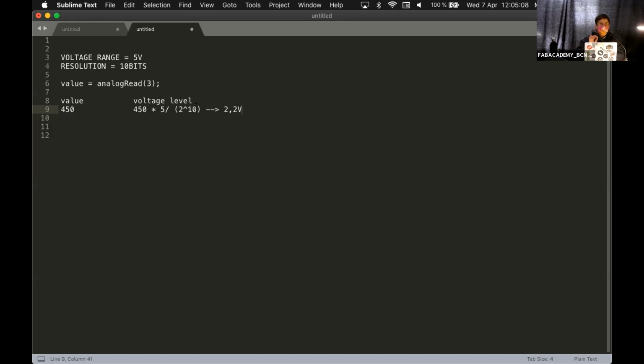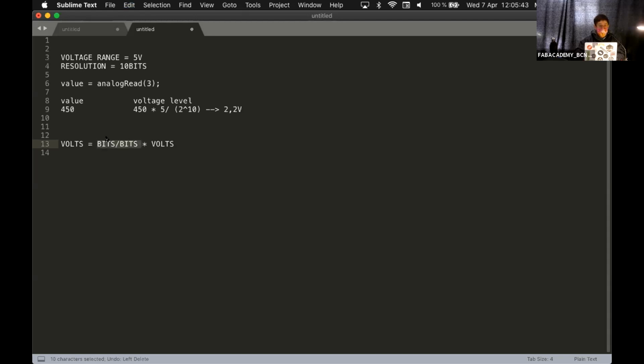One way I like to do these things, if you sometimes doubt whether it's multiplying or not, and you don't have a technical background, it sometimes helps to know what I want to get at the end. I want to get volts, right? And I have bits. Do I have volts somewhere else? Yeah, I have volts because of the voltage range. And then I want to eliminate bits. So I divide bits by bits. This goes away, and I have volts.